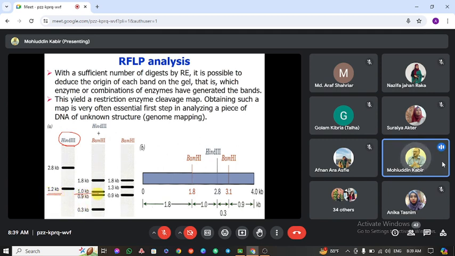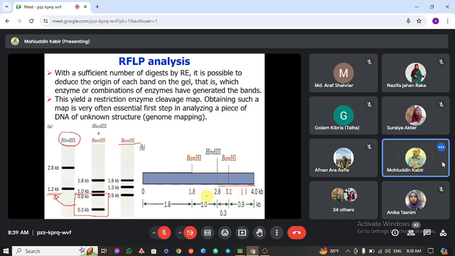So 0.9 plus 0.3 corresponds to 1.2 kb. That means this distance is 1.2 kb. When we digested with BamHI, we got 0.9 kb here.